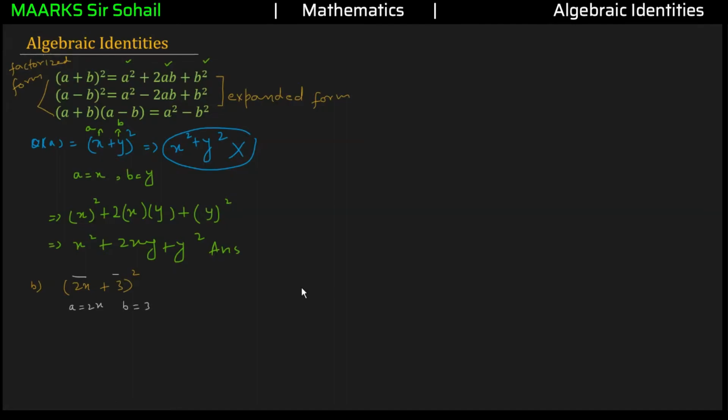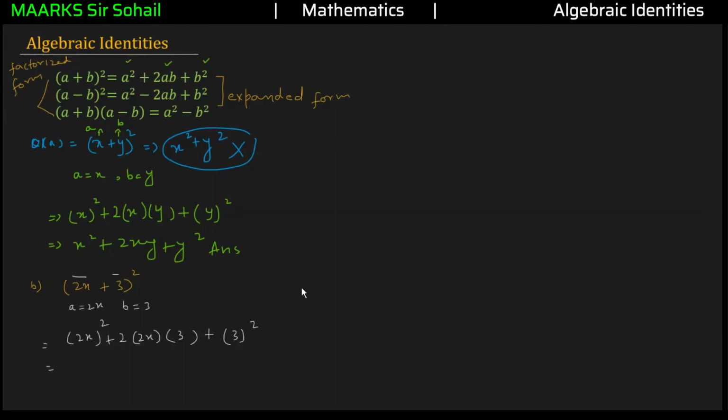So I will apply the formula a square. I'll write in the bracket 2x, which is a, so a square, plus 2ab. I'm making two brackets because it's 2ab, so I just want to fill these brackets. So a is 2x and b is 3, and finally plus b square. So b is 3, so 3 square. Now we will open it also.